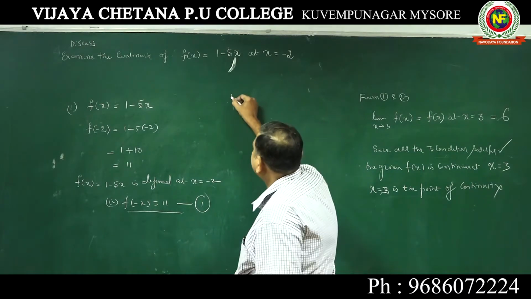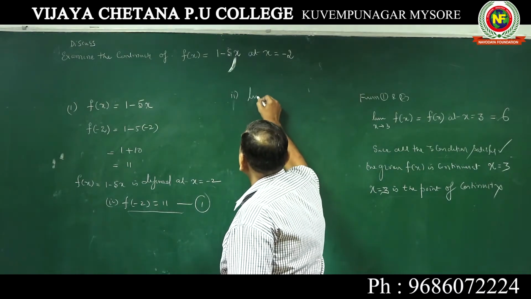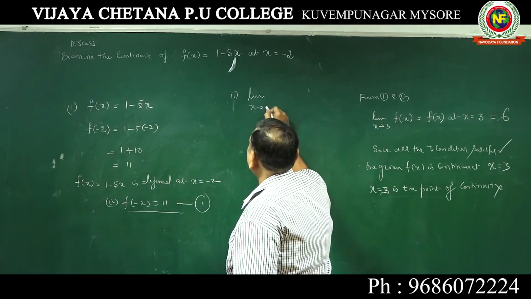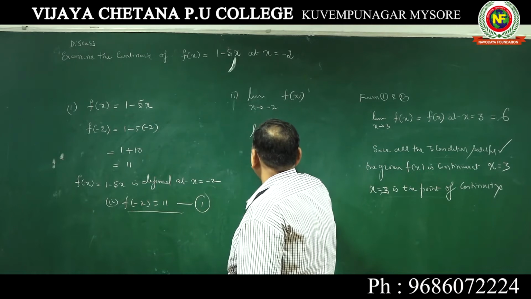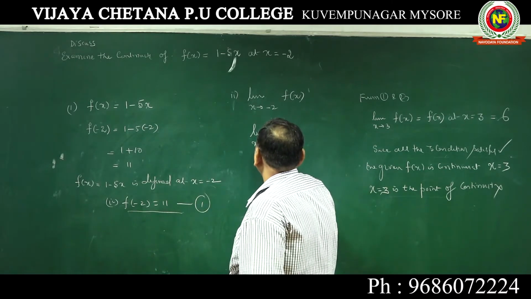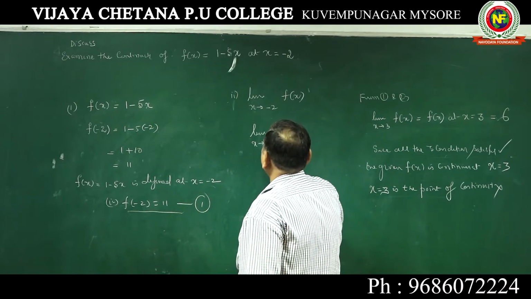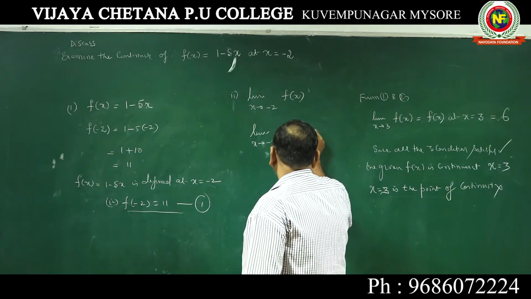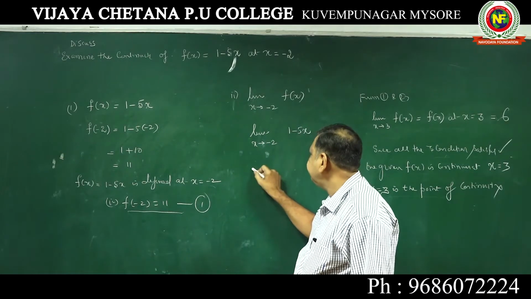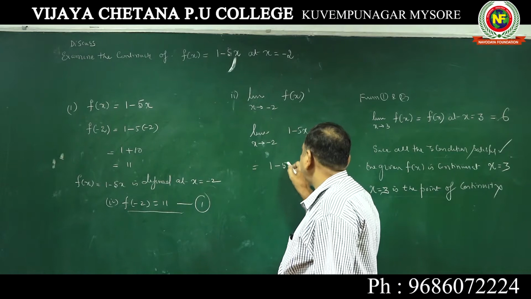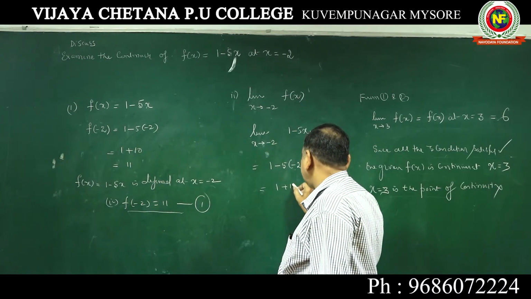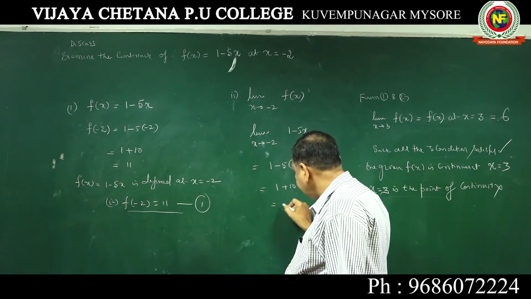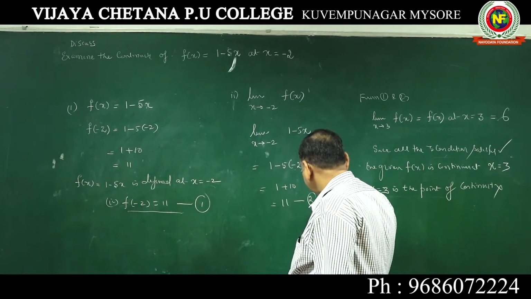The second condition: the limit as x tends to minus 2 of f of x, which is 1 minus 5x, or you can say 1 minus 5 into minus 2, that is 1 plus 10, which is 11. Call it equation number 2.